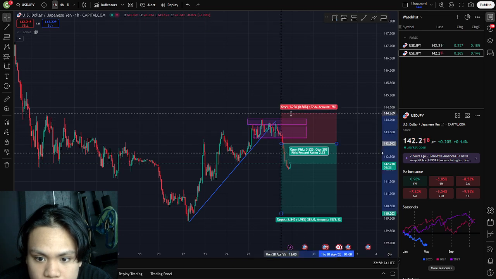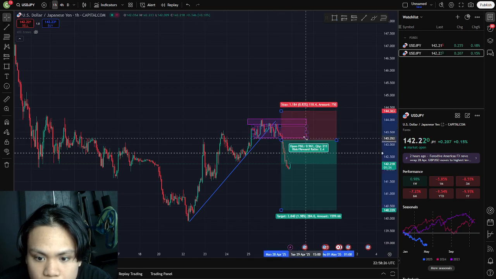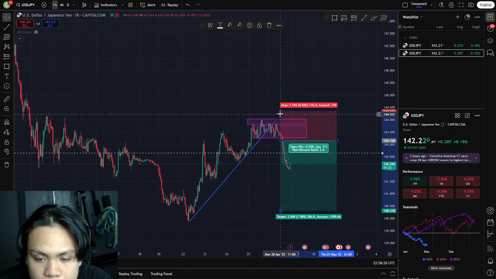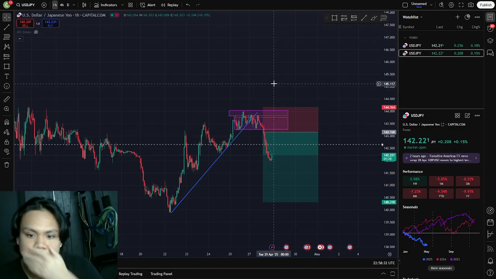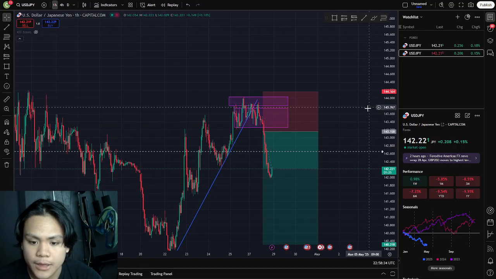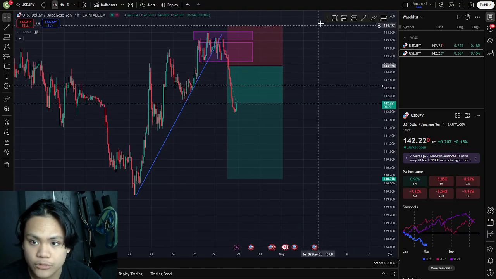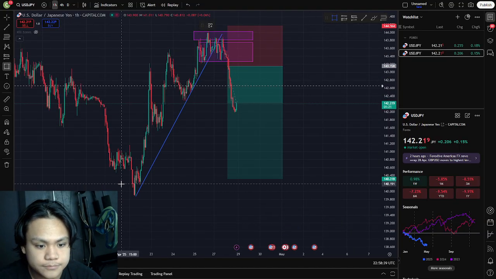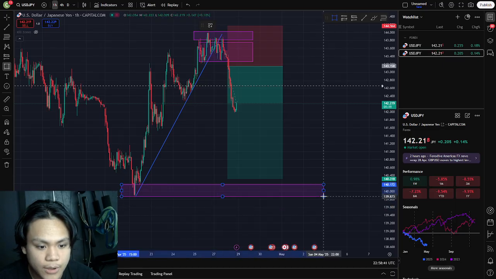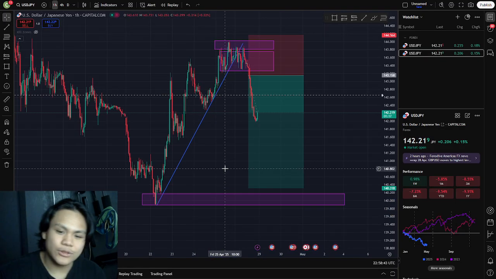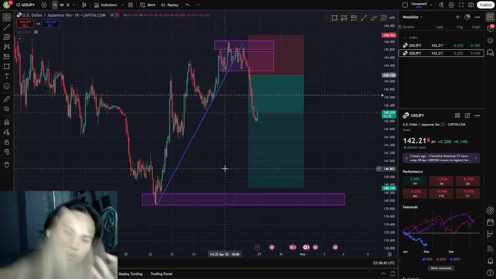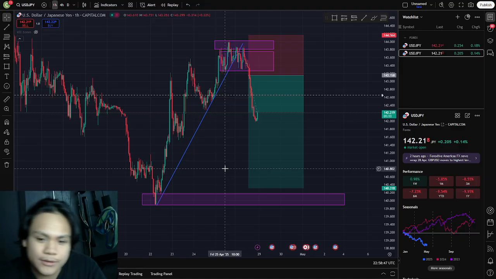So around 100, yeah, above over here. And I was actually willing to take this trade right here. I was thinking about it. But then, you know, I already took a trade, so I don't want to overtrade.